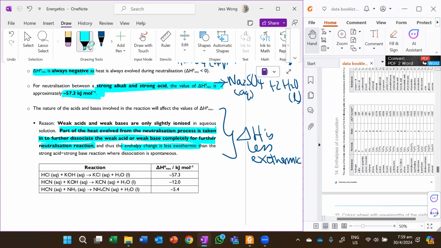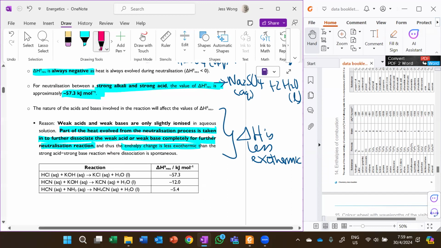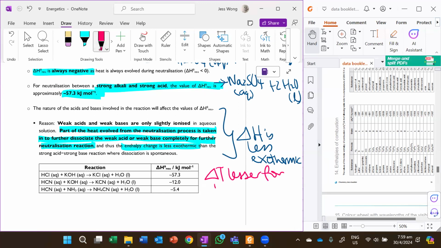Okay, so how do we notice this less exothermic reaction? You'll find that if you do an acid-base neutralization, the delta T will be lesser for any reactions that involve weak acid or weak base in the titration. And as a result of a smaller delta T, the calculated delta H will also be less exothermic.